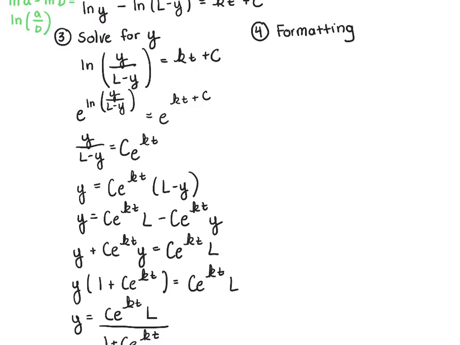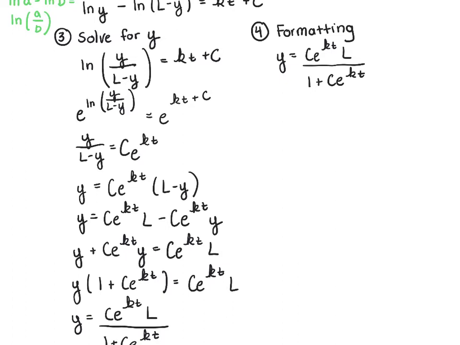So currently, we have y equals C e^(kt) times L over 1 plus C e^(kt). The first thing that I'm going to do is divide both numerator and denominator by C e^(kt). How would you know how to do this?